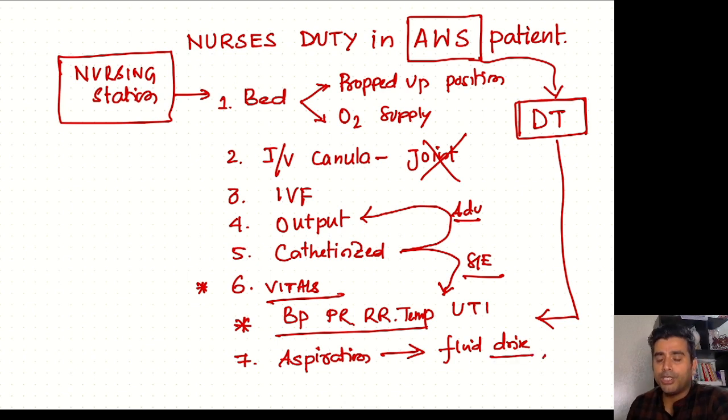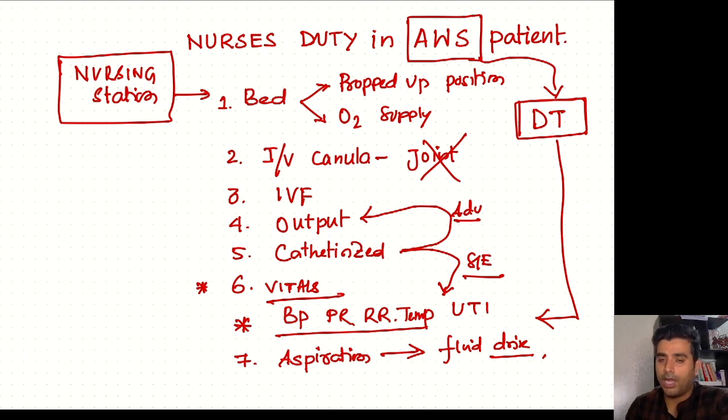fruit juice and all. Patient parties are really very worried about their nutritional status in the hospital, and they never bother in the house, but when they are in the hospital, they want to feed anything, from fruit juice to chicken, mutton, everything.